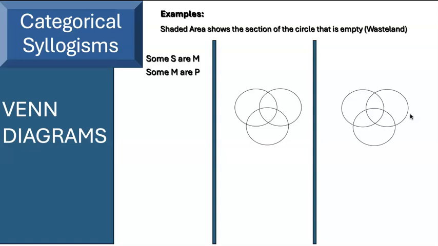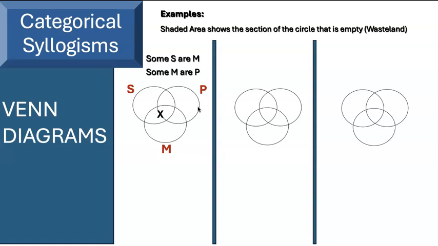Got this. Some S are M, some M are P. Right? So some S are M, that means there's an X in the overlap between S and M. Now, where do we put it? Don't know, we have to just put it on the borderline. I did these with the numbers to show that you can do it without the numbers as well.